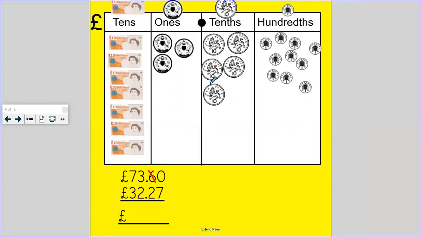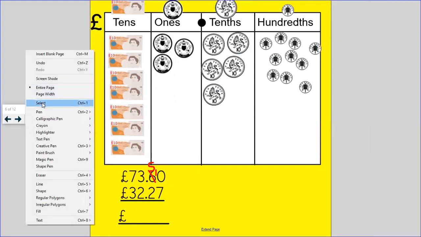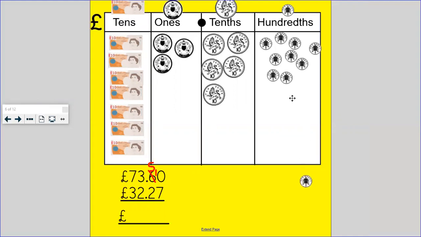I've now got 1, 2, 3, 4, 5 10p's in the tenths column, and I've got 10 1p's in the hundredths column. So now I can do my calculation, because I can take away 7 of those. 1, 2, 3, 4, 5, 6, 7.